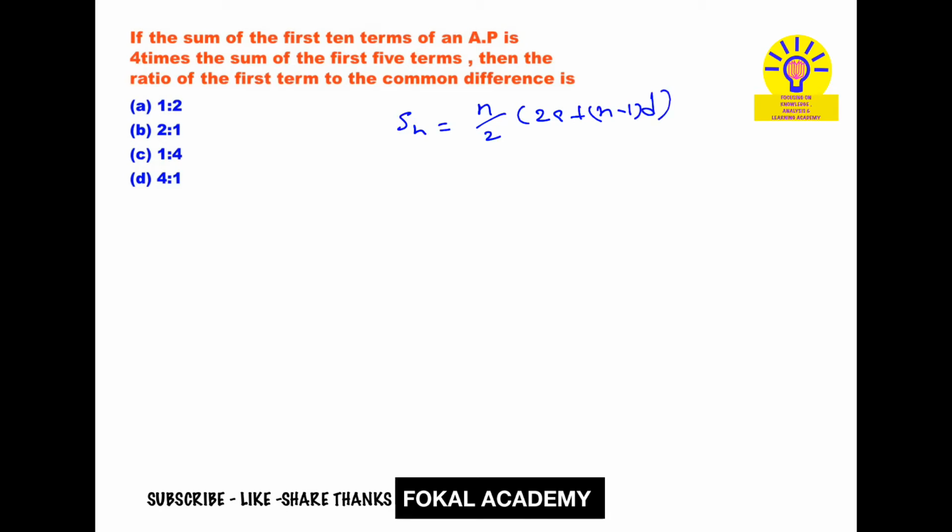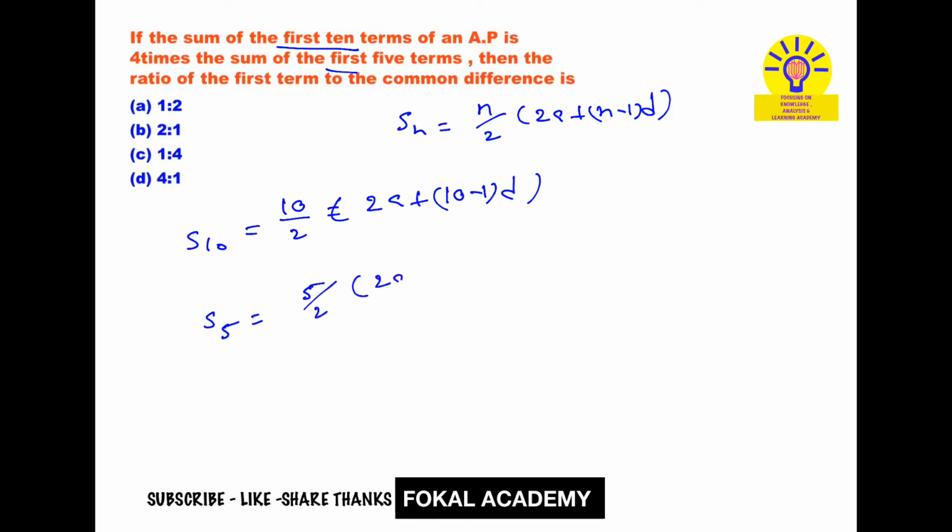So here, the sum of the first 10 terms: 10 by 2 into 2a plus 10 minus 1 into d. This is S10. And S5 is the sum of 5 terms, that is n means 5: 5 by 2 into 2a plus 5 minus 1 into d.